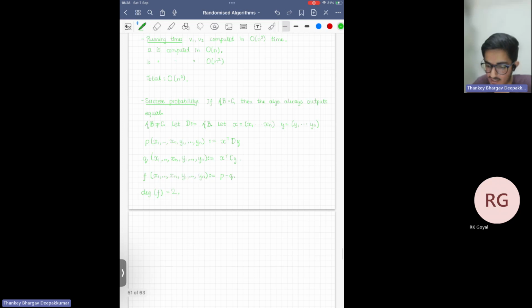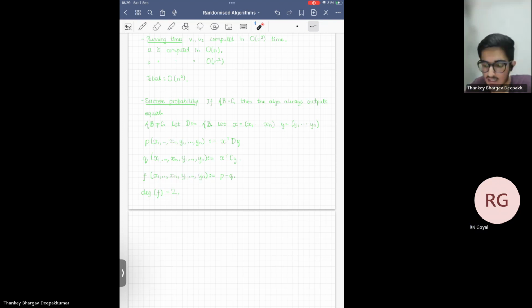Why? Because, okay, let's ignore the x transpose for a moment. Let's just look at Dy. Dy is a vector, right? And every entry in Dy is just a linear combination of y1 to yn. So every entry of Dy has degree 1.